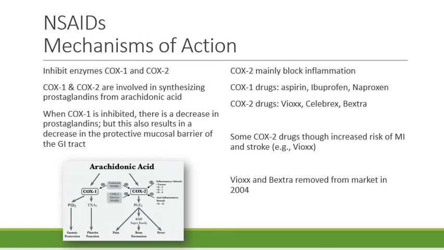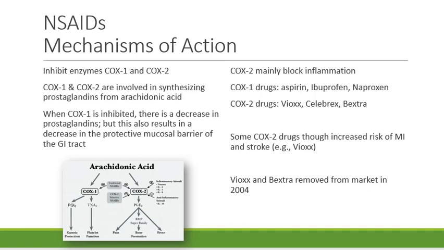The COX-2 drugs that became popular, especially in the early 2000s, were things like Vioxx, Celebrex, and Bextra. When I was a therapist, these were prescribed a lot. Well, some of the COX-2 drugs were found to increase the risk of heart attack and stroke. And so Vioxx and Bextra were removed from the market in 2004.